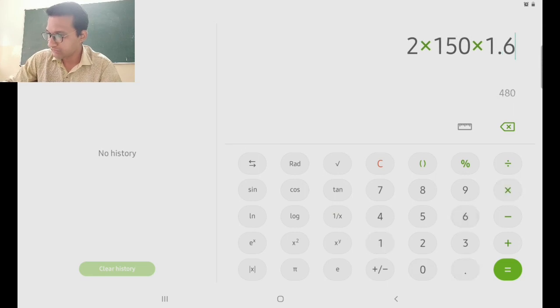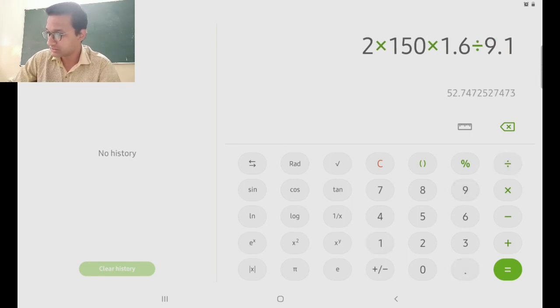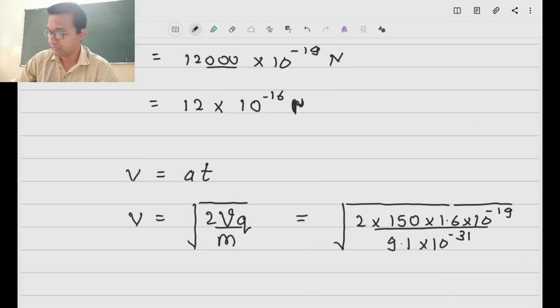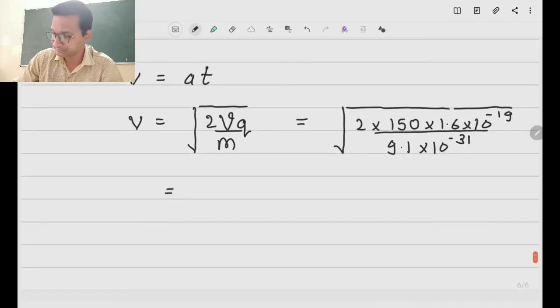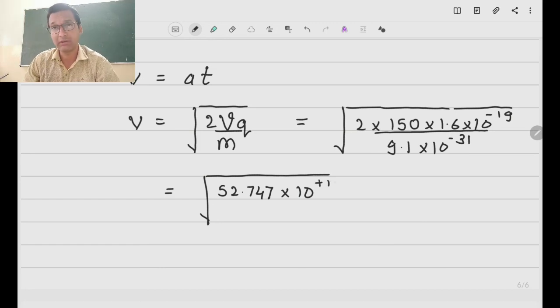2 into 150 into 1.6 will give us 480, and this we will have to divide by 9.1, so we'll get 52.747. So square root of 52.747 into 10 raised to minus 19 and plus 31, that means we'll get plus 12.